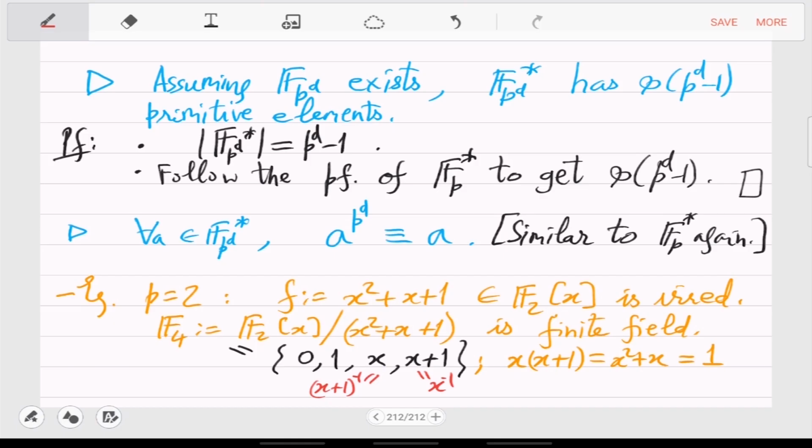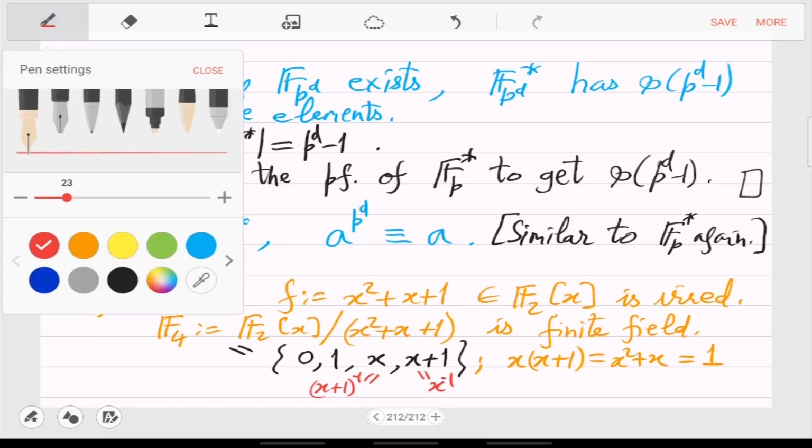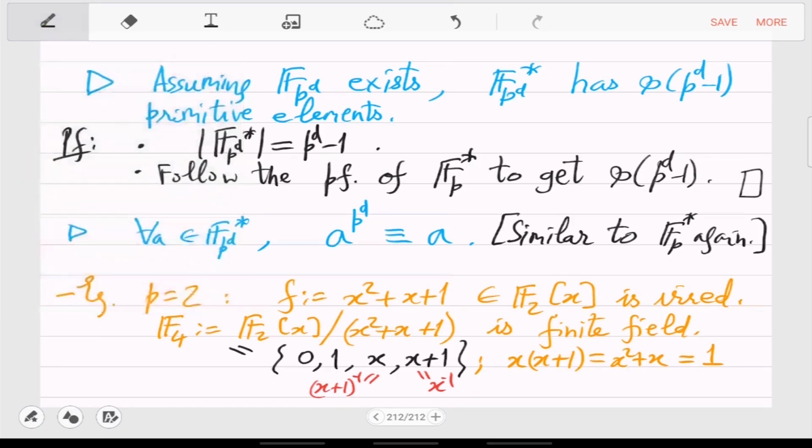Let us now see the properties that I have written above. What is a to the 4 here? 0 to the 4 is 0, 1 to the 4 is 1, x to the 4 is? What is x to the 4? x to the 4 is x square whole square.